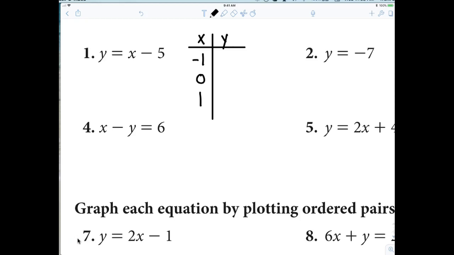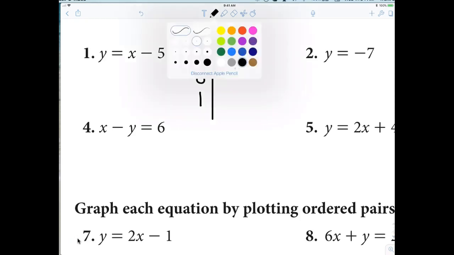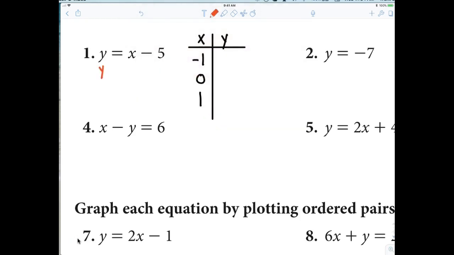Now, what does that mean? All right, look right over here at our equation. The y is equal to -1 minus 5. What did I do for x? I plugged -1 in for x. Did everybody see that? And so if I plug -1 in for x, what's the y?